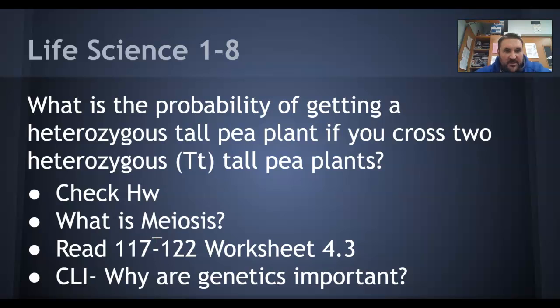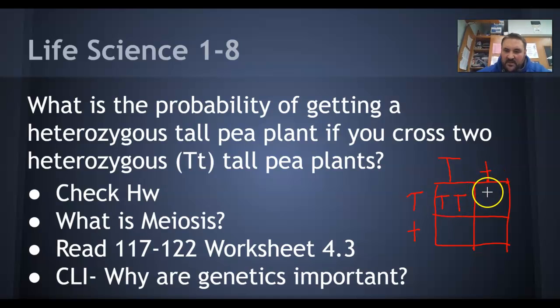Your warm-up question there is, what is the probability of getting a heterozygous tall pea plant if you cross two heterozygous tall pea plants? So we have to set up our Punnett square. Heterozygous means two different alleles, so we put heterozygous on the top, heterozygous on the bottom, or on the side, that is.